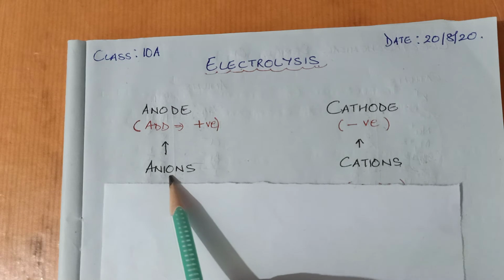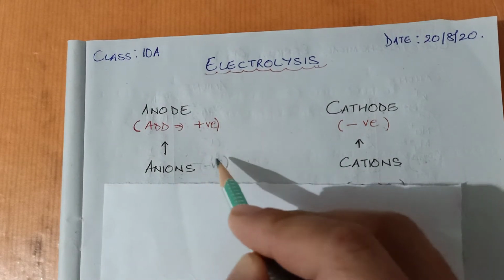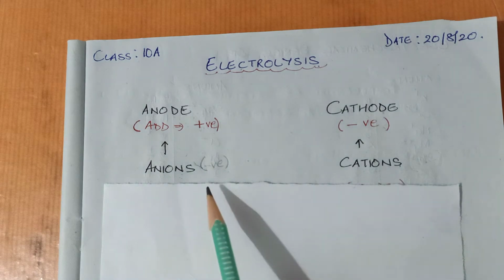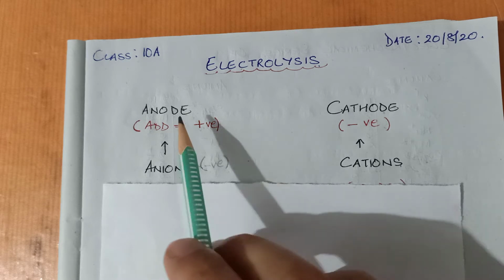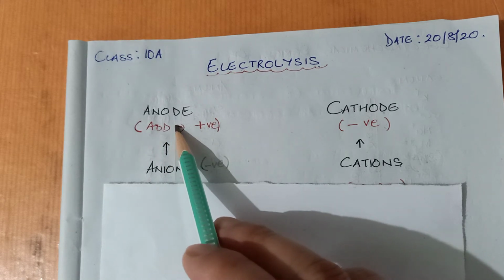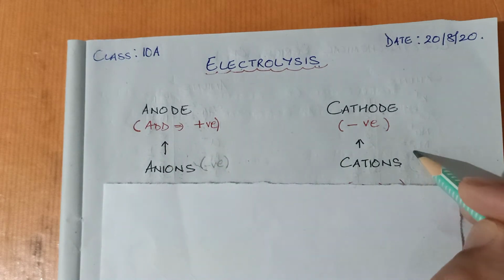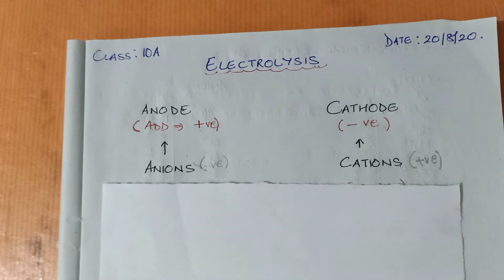Anions are negative ions, so negative ions get attracted towards the positively charged electrode. And which is that positively charged electrode? That is anode. So anions will move towards anode, whereas cations, which are positively charged ions, also move towards the oppositely charged electrode, and that is cathode.